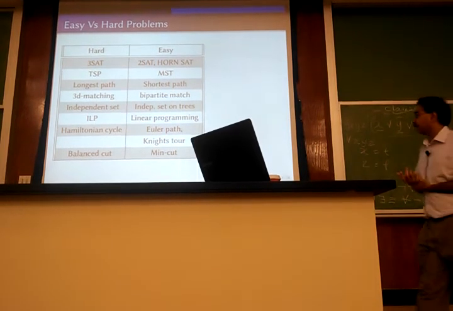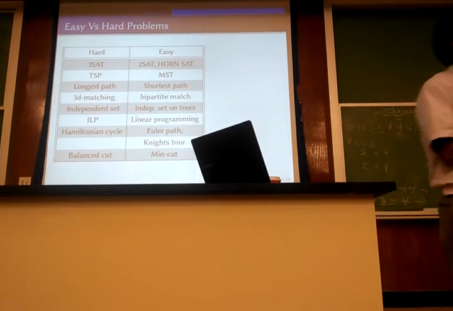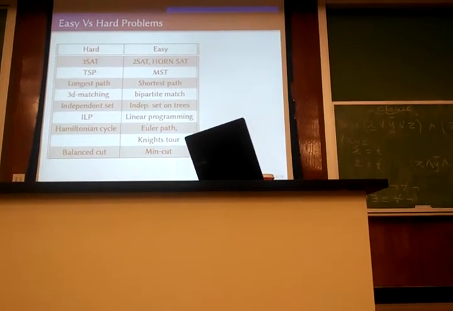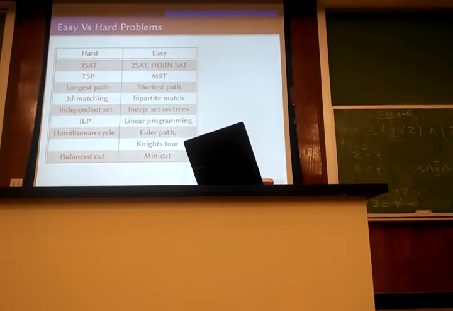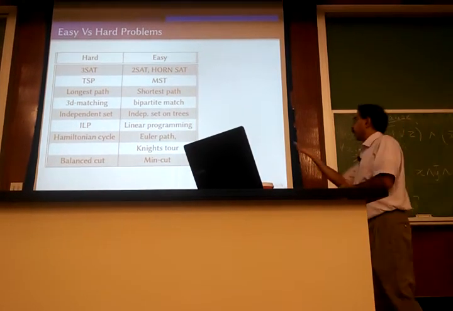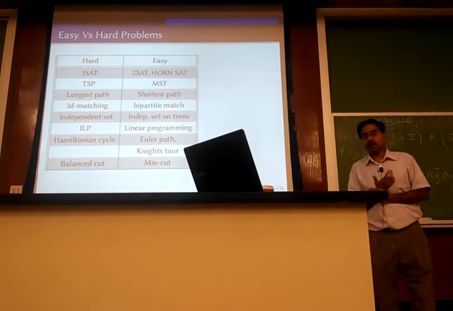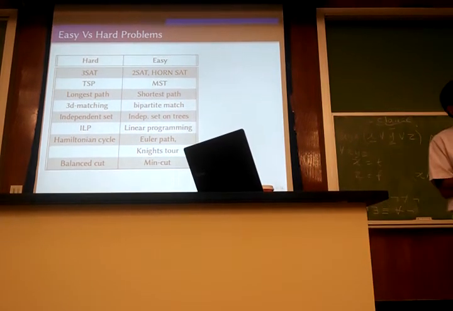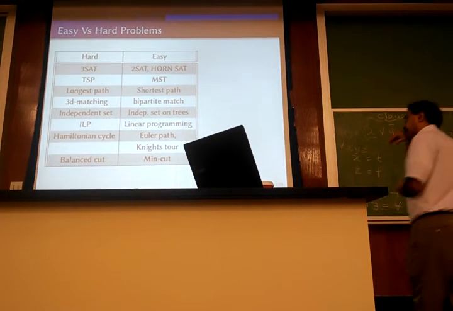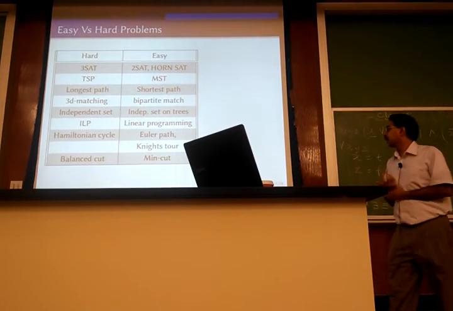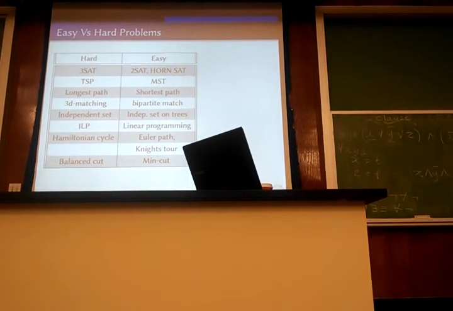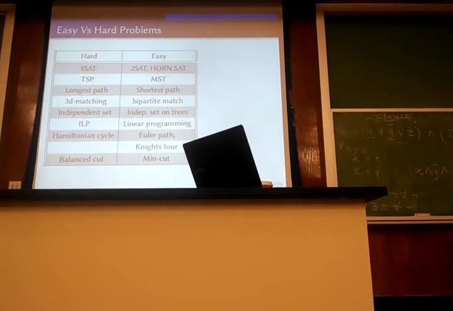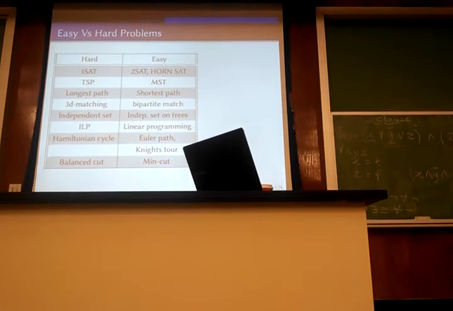Independent sets in graphs is a hard problem, but if you try to find independent sets on trees, that's actually solvable in polynomial time. And again, integer linear programming is hard, but linear programming is not. Right? Linear programming where variables take real values, that's easy. Hamiltonian cycle is hard, but Euler path is easy. Right? So Euler path means you take every edge once, right?